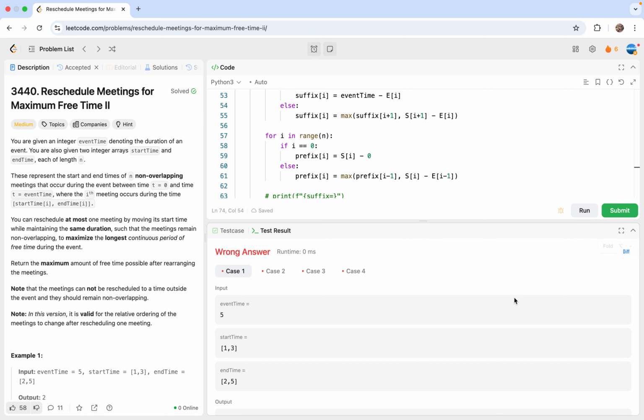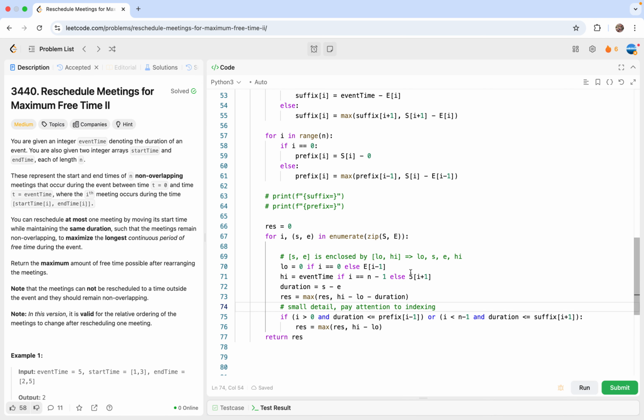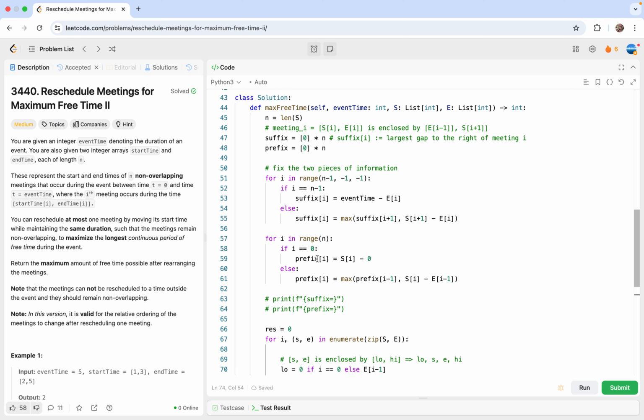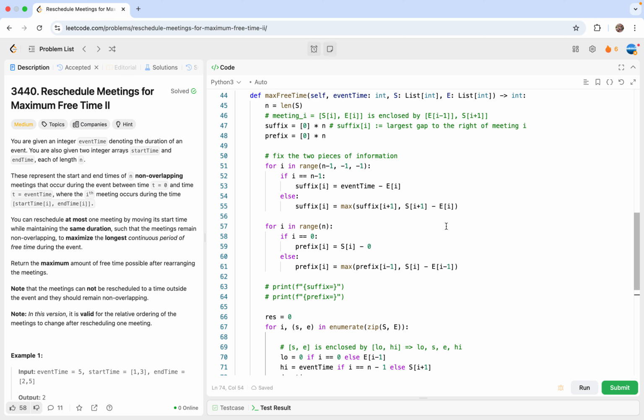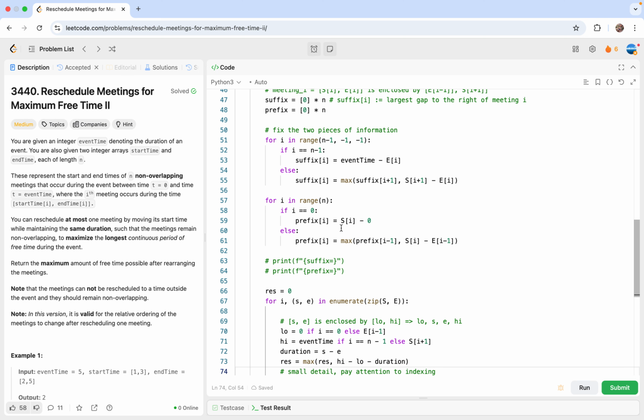Let's see. Here it's not right. Let me check where is the problem. So here we have prefix, suffix, so S i minus 1, E i, that's right? And for prefix, that's also right, and max, right?